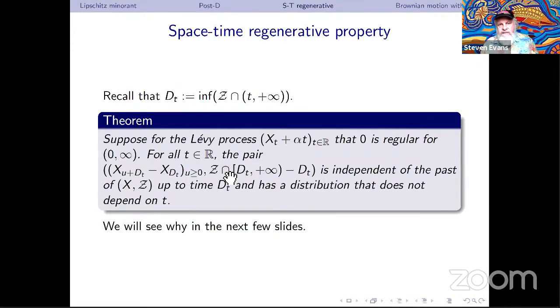So this set here is a subset of the non-negative reals. We've cut out Z from D_t onwards and then subtracted D_t to get a subset of the positive reals. Turns out that this guy is independent of the past of X up to the random time D_t, and it has a distribution that doesn't depend on the time t.